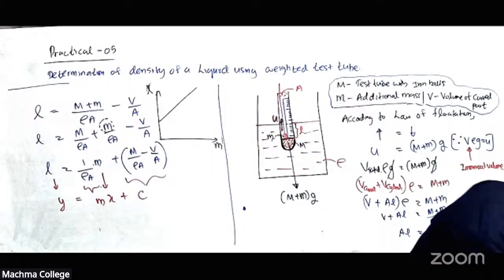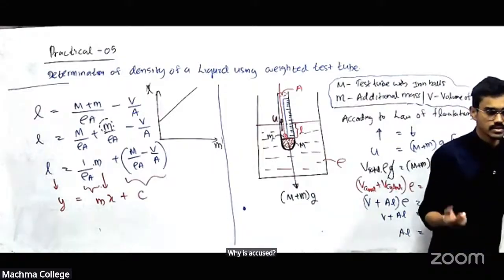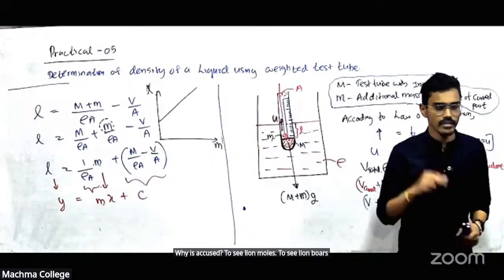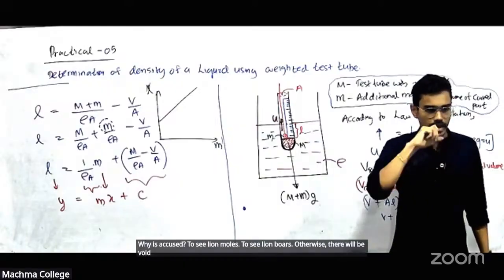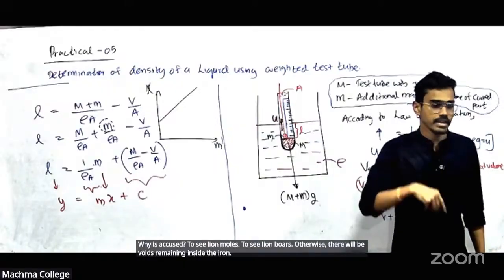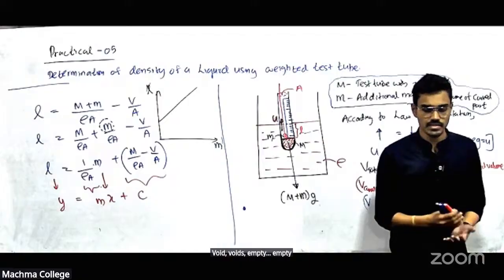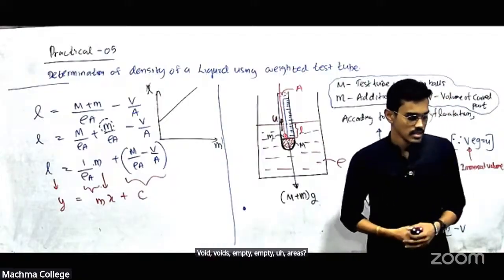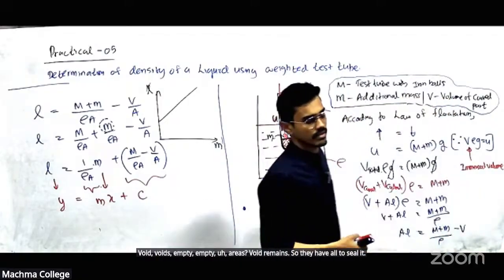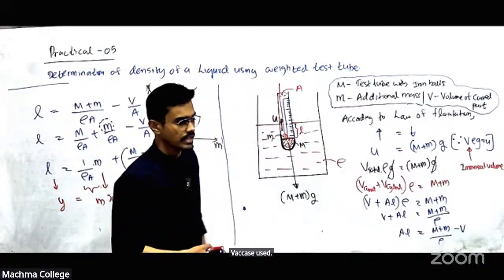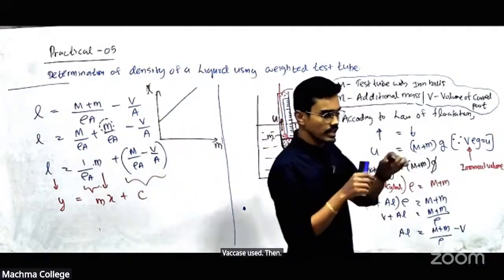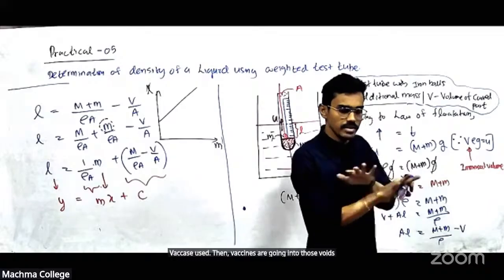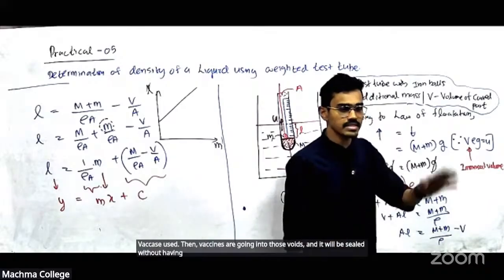Why is wax used? To seal iron balls. Otherwise, there will be voids, empty areas, remaining inside. So to seal it, wax is used. Then wax goes into those voids and it will be sealed without any air bubbles inside.